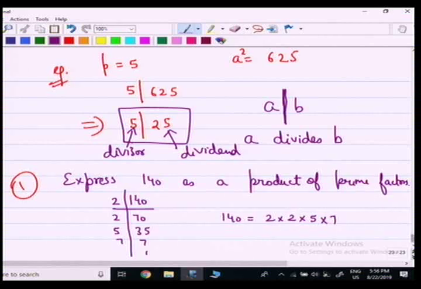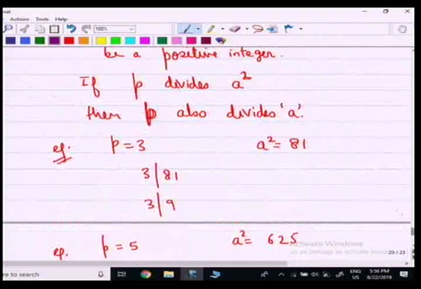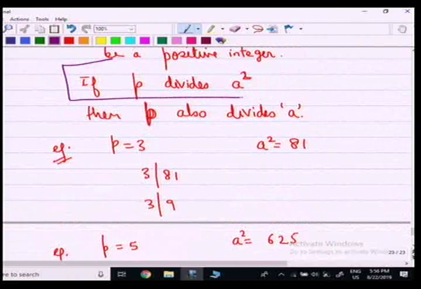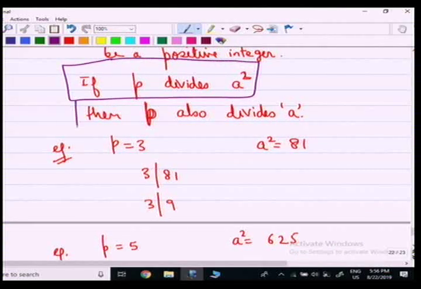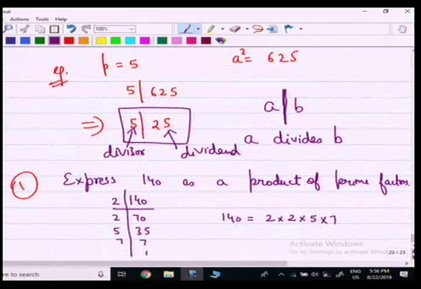So the first one is, express 140 as a product of prime factors. Why is it 25? See, the theorem was, if P divides A square, then P also divides A. So A is the square root of A square. I have taken 625, so 625 is a perfect square.